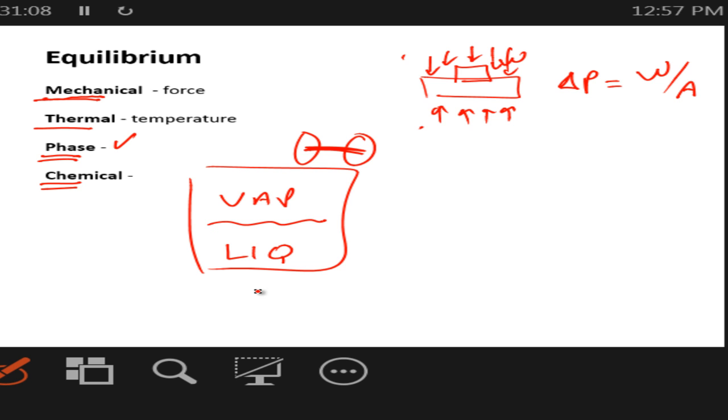But when there's a net exchange that's balanced, you're in equilibrium, even though you have some liquid, some vapor. And in chemical, we'll get to that in Thermo 2 at the end of the semester, but basically you have a chemical reaction and you have products, reactants, but you can have a balance where you have some products and some reactants all in equilibrium at the end of the reaction. You've seen it in chemistry.